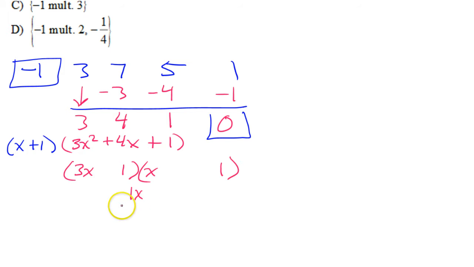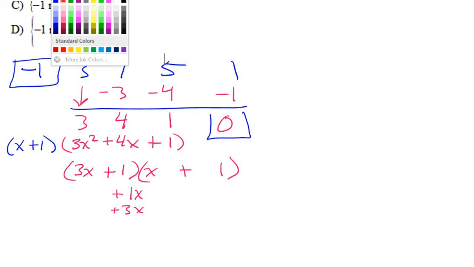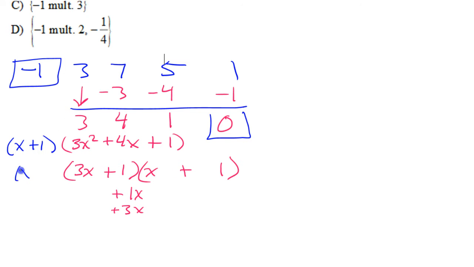Outer, I have 3x. I'm trying to get a middle of 4x, and of course I just need to let them be positive, and that will make the 4x. So once again, bringing down my x plus 1, now I have factored the polynomial down to these 3 factors.